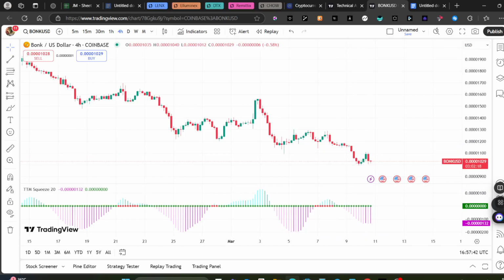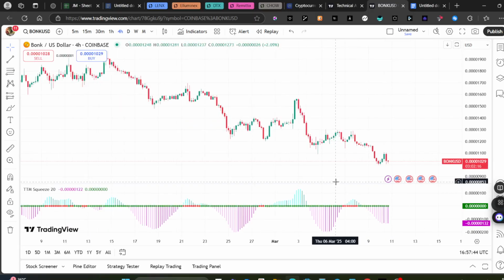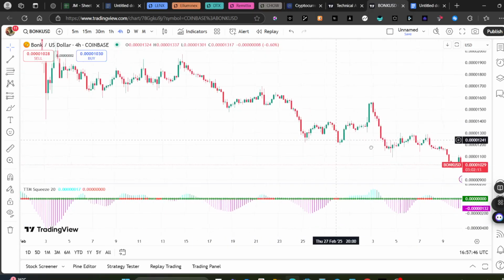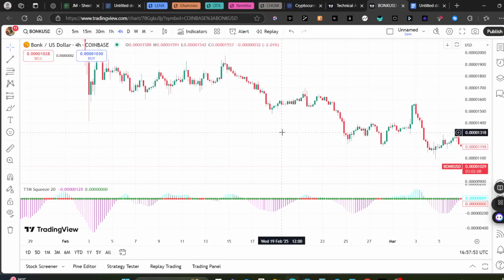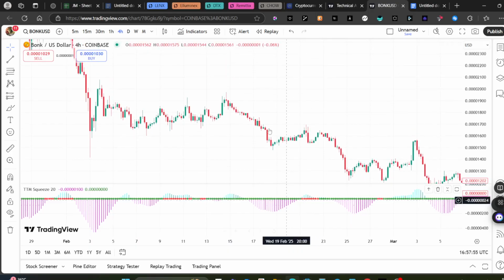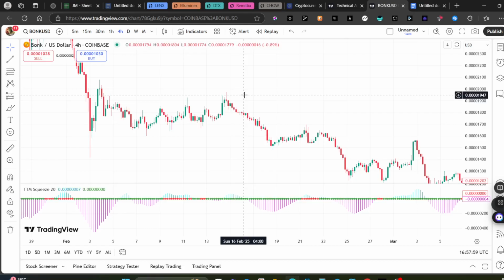Now that you understand how the TTM Squeeze works, let us go step by step on how to set it up on your trading platform. The first thing you have to do is open your trading platform, go to the indicators section, search for the TTM Squeeze, and add it to your chart. Then you can adjust the settings if you wish.